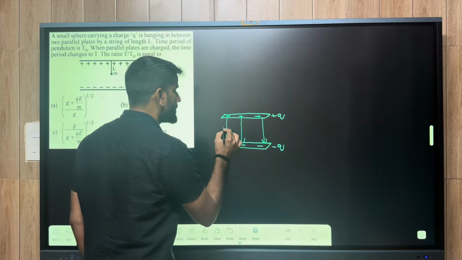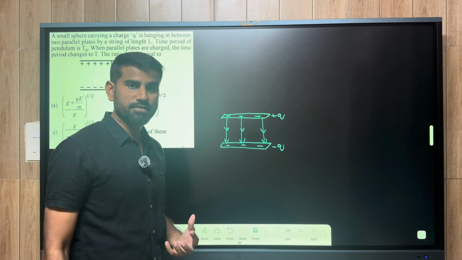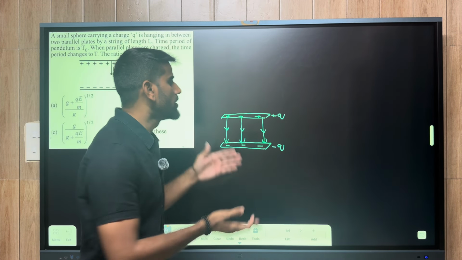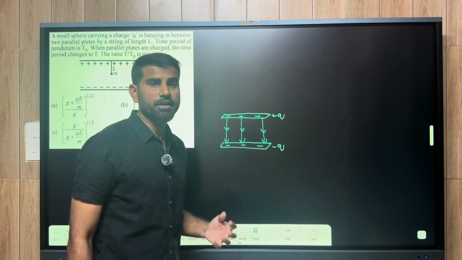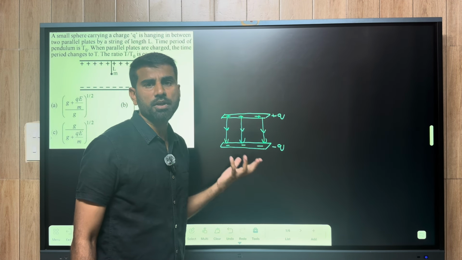This field is uniform. In most cases we say uniform electric field. This is how a uniform electric field is created, the simplest way.